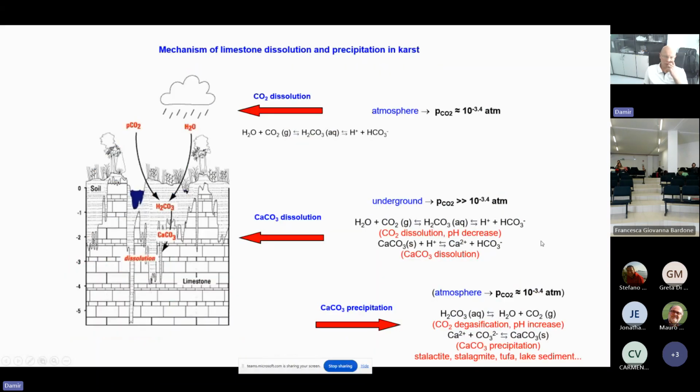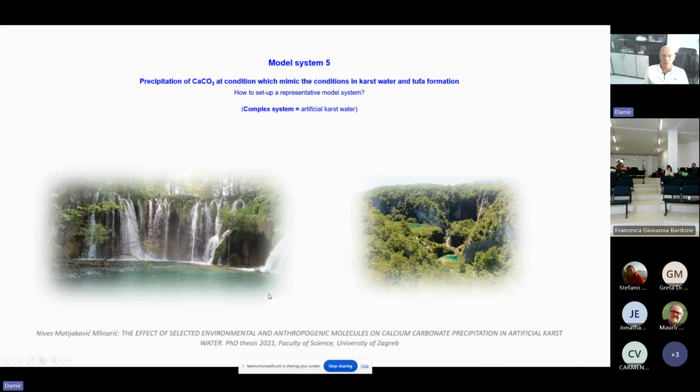I also showed you this scheme, which started with dissolution of carbon dioxide, afterward dissolution of calcium carbonate underground, and finally precipitation of calcium carbonate after it comes out on the surface. One of the possibilities of precipitation of calcium carbonate on the surface is precipitation in the form of tufa. And this is what I'm going to talk to you about now.